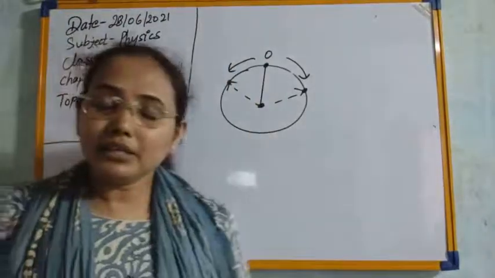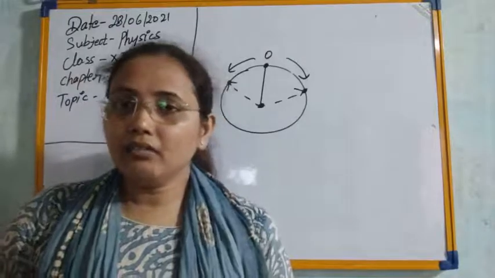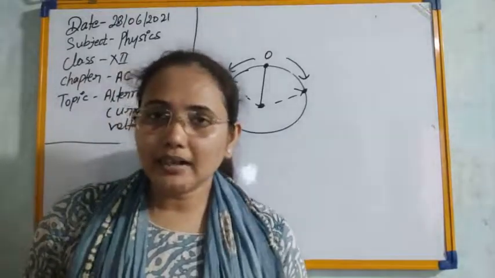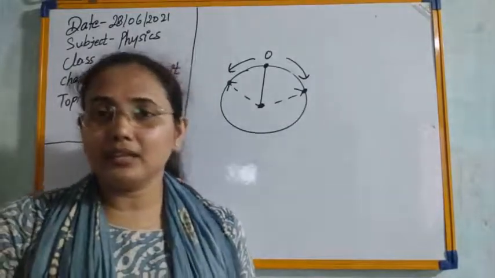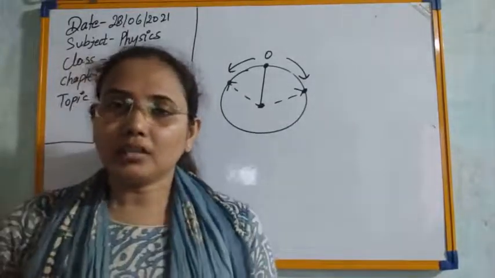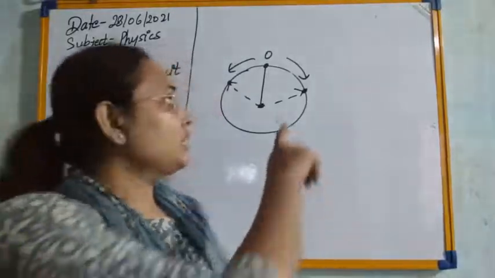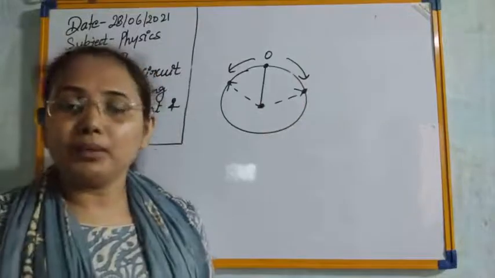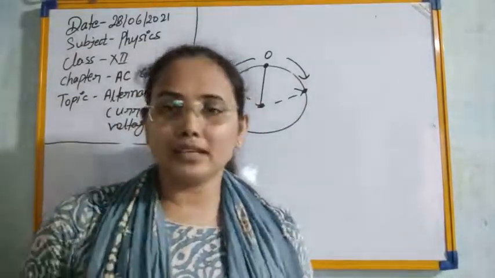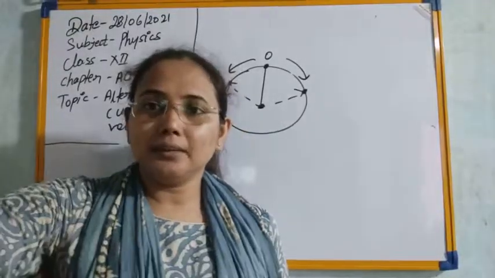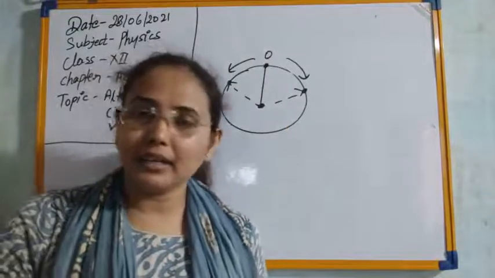But whenever a very small current is present in our circuit, the needle will not show a large deflection. Then, due to persistence of vision, we will not be able to detect whether the needle is rotating or not, because we can only detect alternating current when the needle rotates on both sides. If it is rotating in only one direction always, it represents direct current, a one directional current.